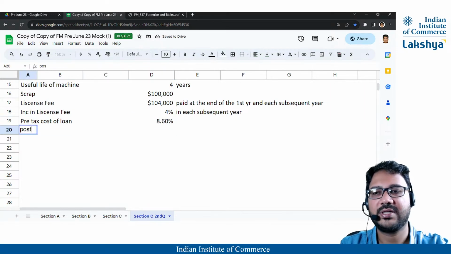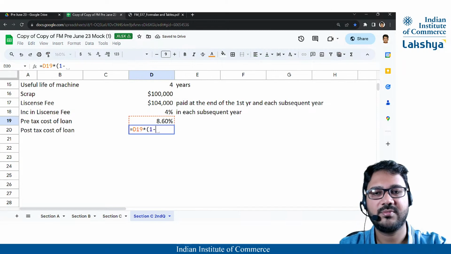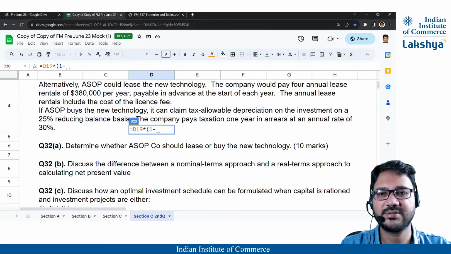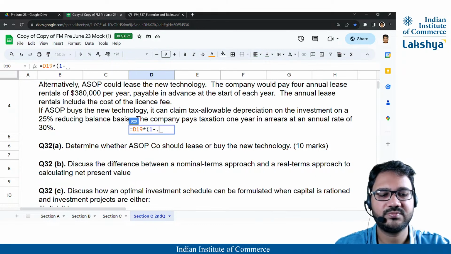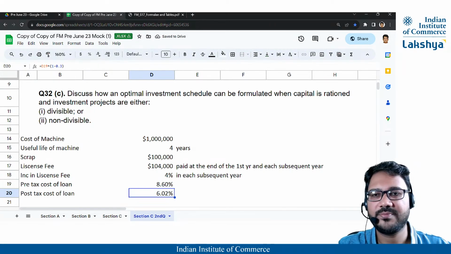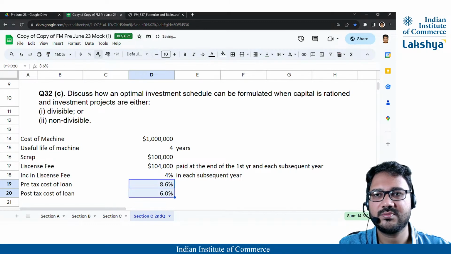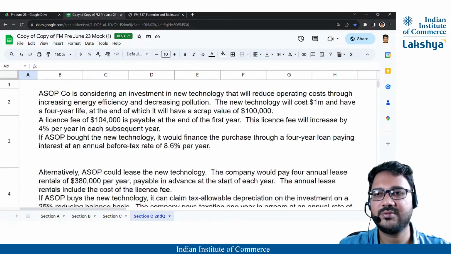That means our post-tax cost of loan will be this into 1 minus T. We always take post-tax for discounting. Company tax is paid at 30%, so 0.3. That means 6.02%, or we can say 6%. Right. Let's see what else do we have.